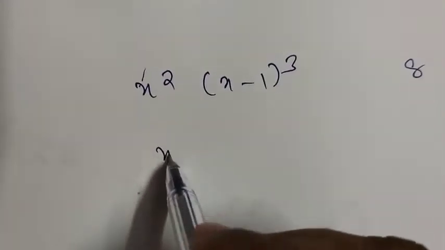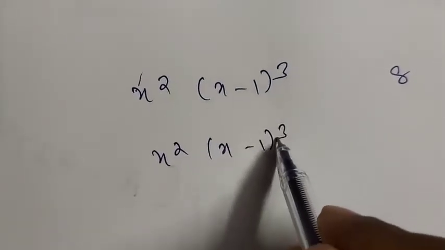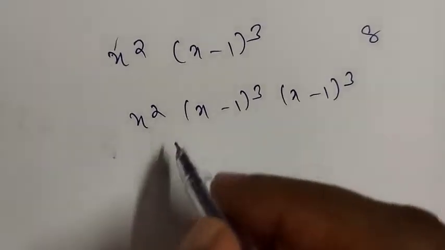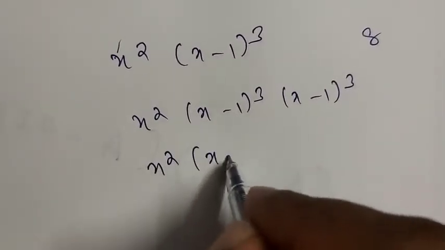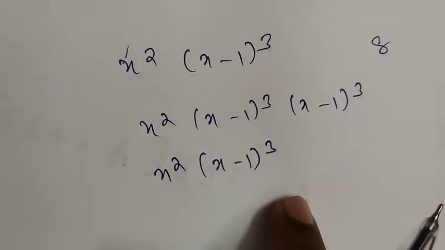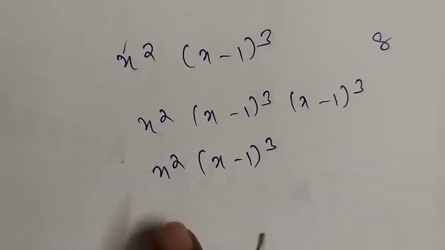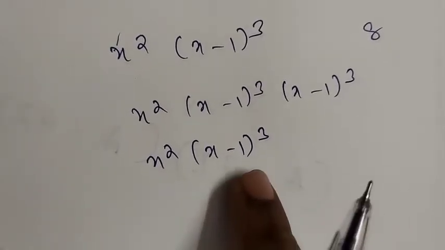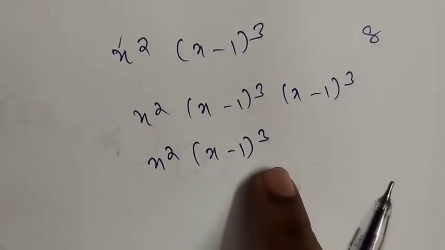So x square into x minus 1 whole cube into x minus 1 whole cube is one possibility. These are the possibilities for the characteristic polynomial of degree 8.